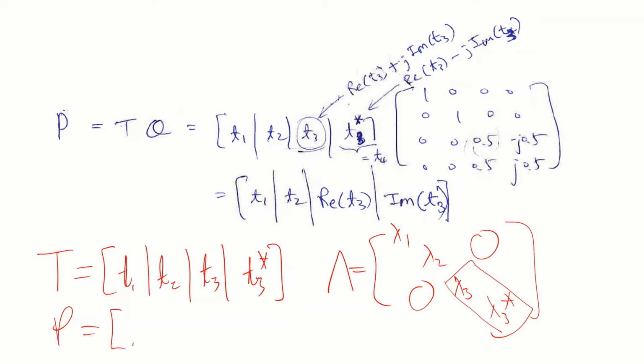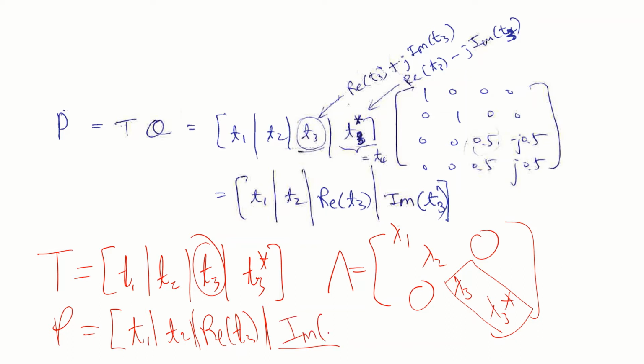That P will be T1, T2, the real part of T3, and the last column the imaginary part of T3. Because T3 consists of a real part and an imaginary part, these are all real numbers.